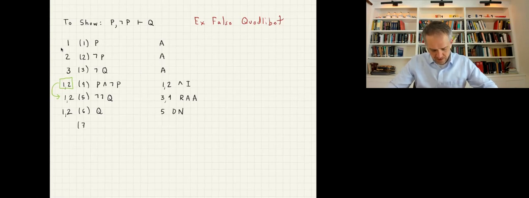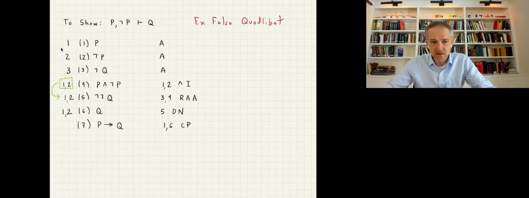So here's something that I can do: going back, looking at the assumption on line 2 and the assumption on line 1, I can now turn the assumption on line 1 and the derivation of Q on line 6 into a conditional proof. So what I can do now is I can go if P, then Q, from 1 to 6, conditional proof.